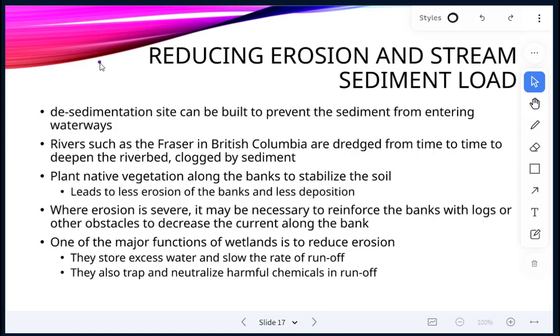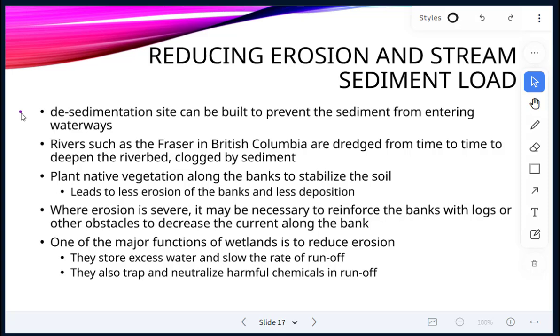So how can we reduce erosion and stream sediment load? There are desedimentation sites that can be built to prevent the sediment from entering waterways. For example, rivers such as the Fraser in BC are dredged from time to time to deepen the riverbed that's clogged by sediment. Planting native vegetation along the banks can stabilize the soil.